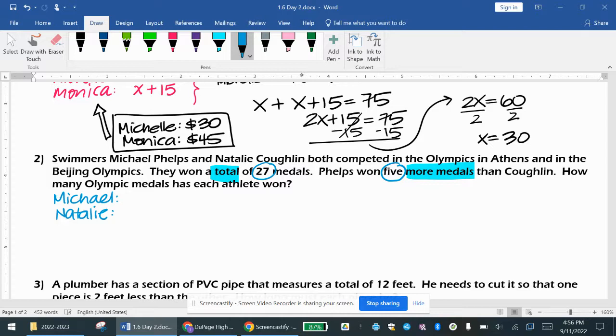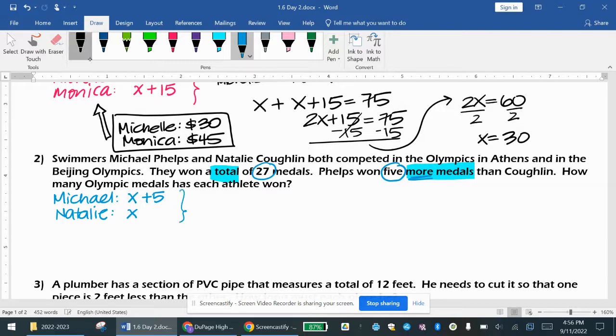Phelps won 5 more medals than Coughlin. How many Olympic medals has each athlete won? They both won medals, but Michael Phelps won 5 more medals than Coughlin. Remember that 5 more than. And then together, the total is 27 medals.